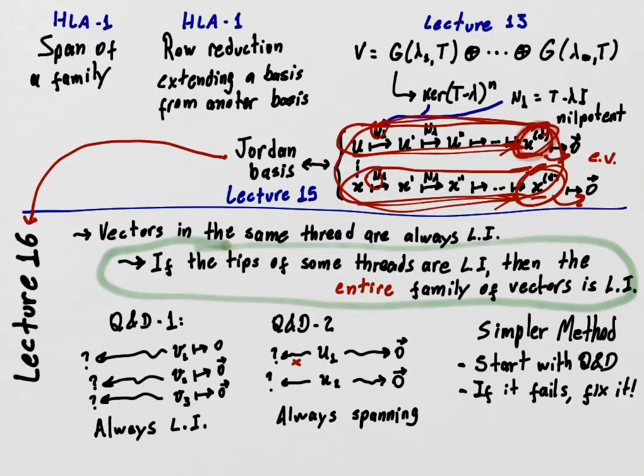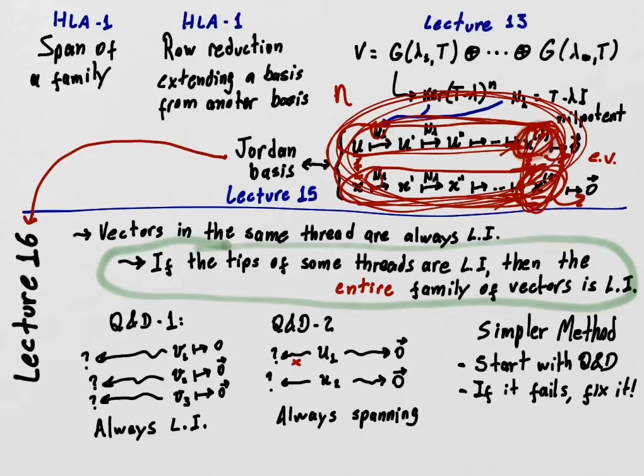And if you have more than two threads, you have a certain number of threads, so dot dot dot means you have a number of threads here in between. If these vectors here at the tip are linearly independent, then the entire family of vectors is linearly independent, which is great, because then if you have n of them, then it's a basis.